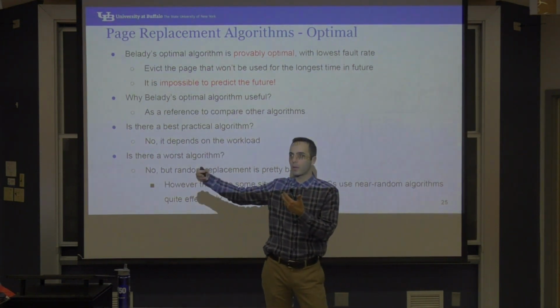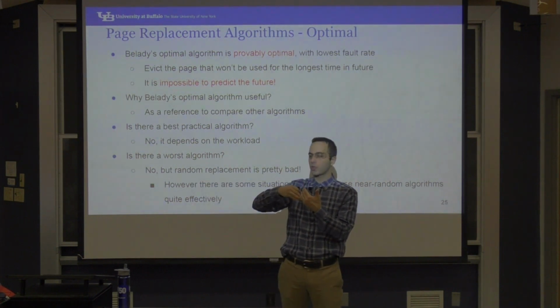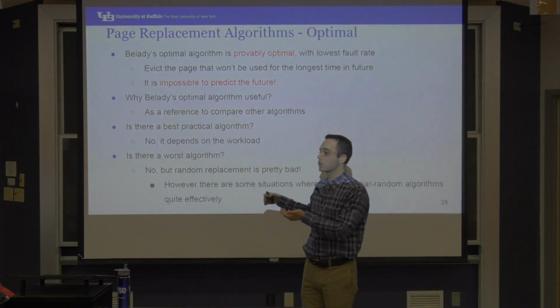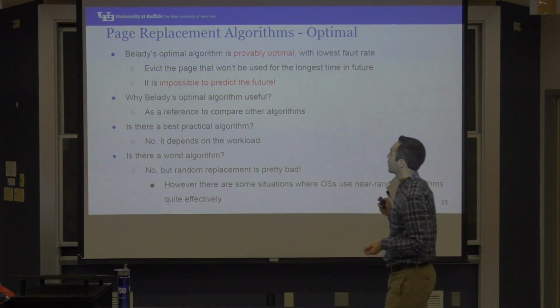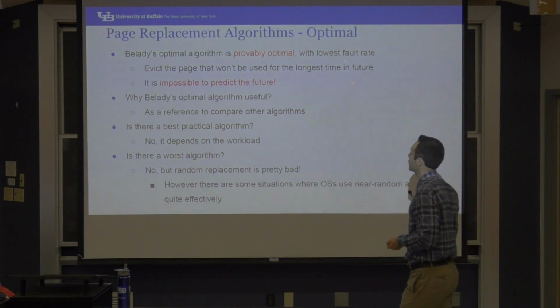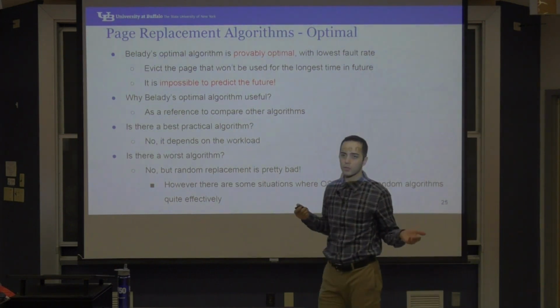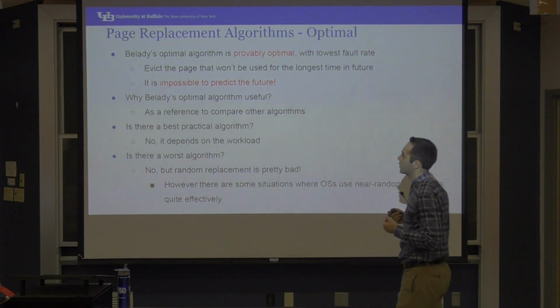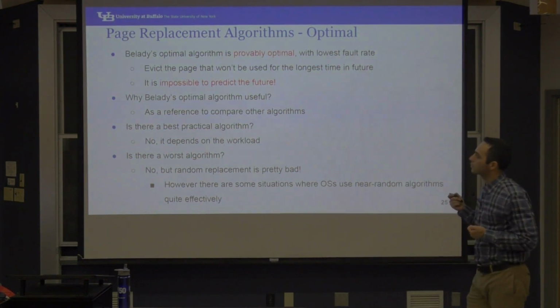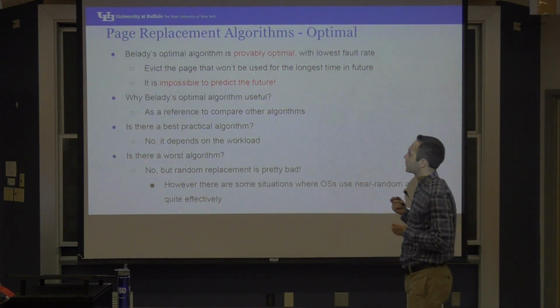If your algorithm's performance is close to the optimal, that means you're doing a pretty good job. So it's proven to be optimal with the lowest fault rate, again the same as shortest job first in CPU scheduling, but we can't actually implement it.